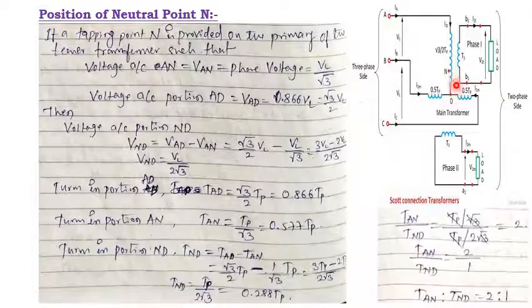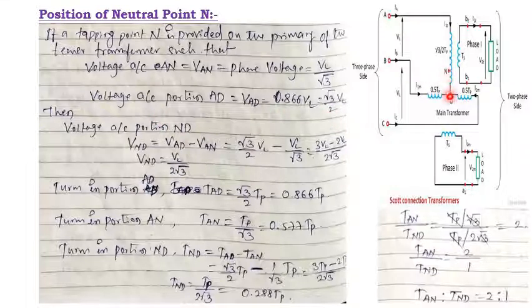So by assuming the neutral point here, I can represent any line to neutral voltage as the phase voltage, equal to VL divided by √3. Then again the voltage across AD, represented earlier, is 0.866 VL, equal to √3 by 2 times VL.